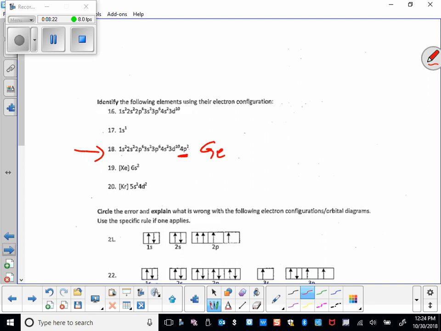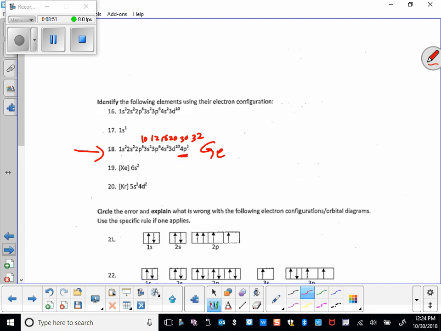Is that right? I can very quickly look at the last one and say what element it is. But since there are a number of exceptions to writing electron configurations, it's best you count up the electrons. So this is 2 plus 2, 4, plus 6, 10, 12, 18, 20, 30, 32, and now I know it's germanium. Does that make sense?